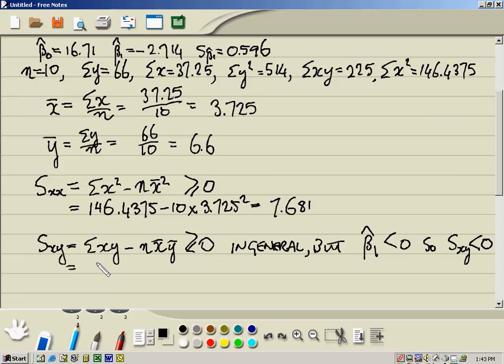We can use that to check ourselves. So sigma xy 225 minus n is 10 times x bar 3.725 times y bar 6.6, and that's negative 20.85.